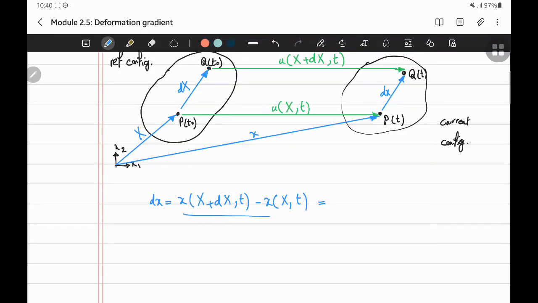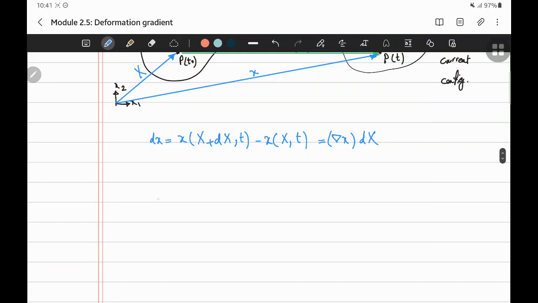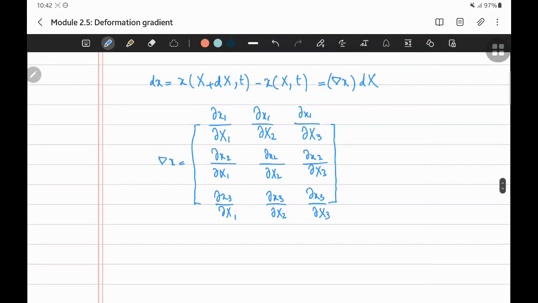If I divide this by d capital X, this becomes the gradient of x, del x over del X. Del x is equal to the partial derivative of x1 with respect to X1, x1 with respect to X2, x1 with respect to X3, and so on. It is this tensor, where we can write dx is equal to F dX, where F is equal to del x.